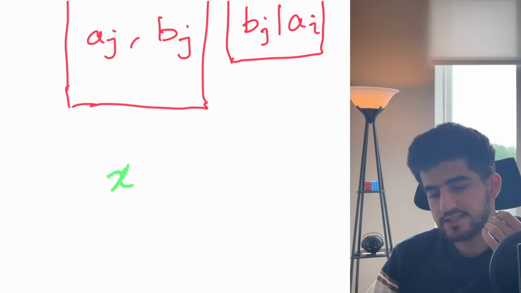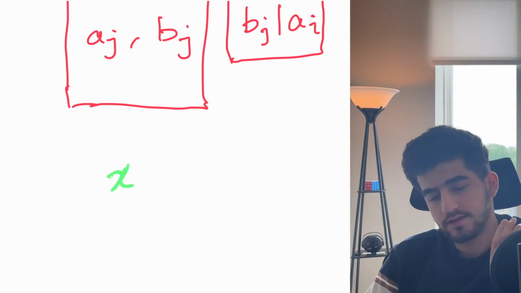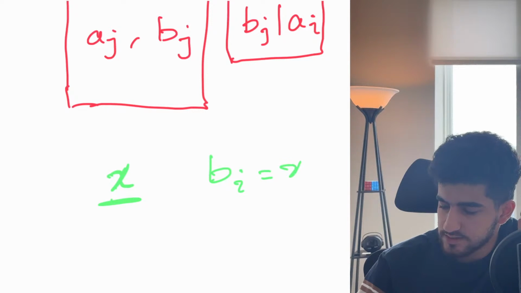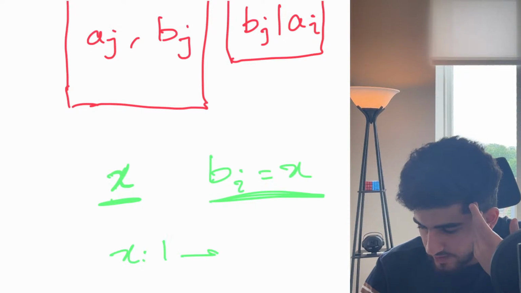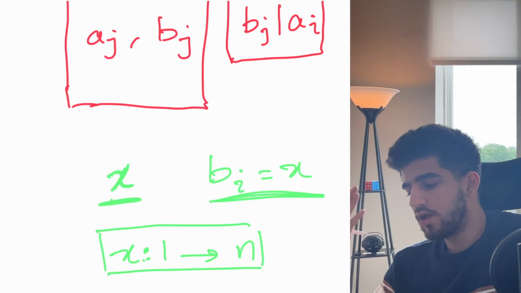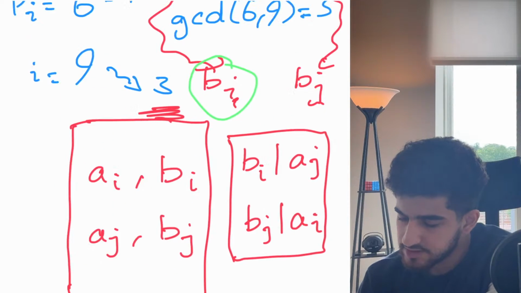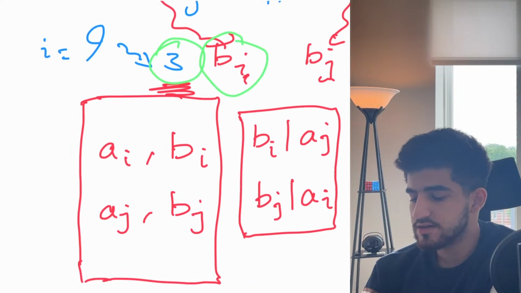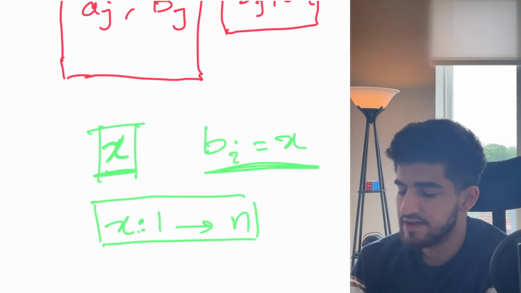I have a for loop on X, and I have to find the answers for all of the numbers such that B sub I is X. It's like I have a for loop of X, X goes from 1 to N. I want to find the answer for all of the numbers that need X. For example, this number needs 3, so it's going to be in, for example, the vector of 3. So for each X, I want to find the answer of everything such that their value of B is X.